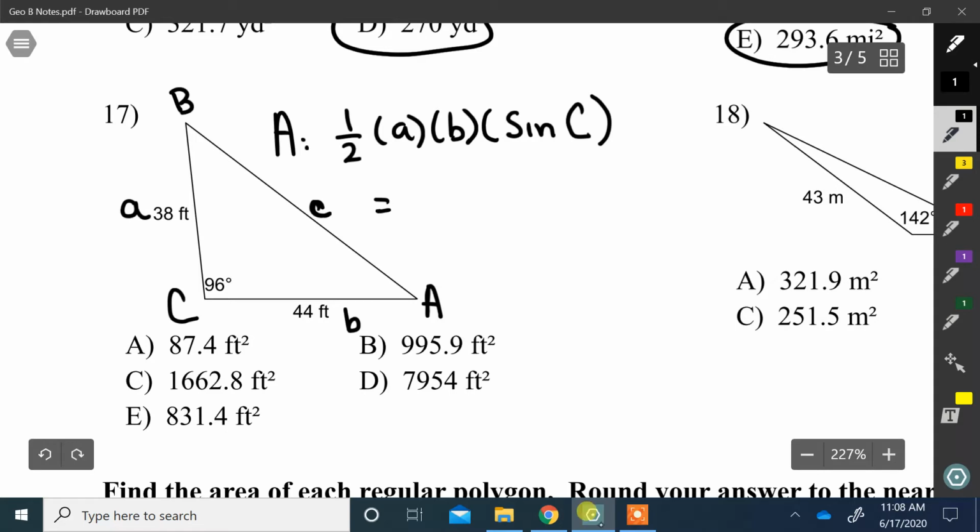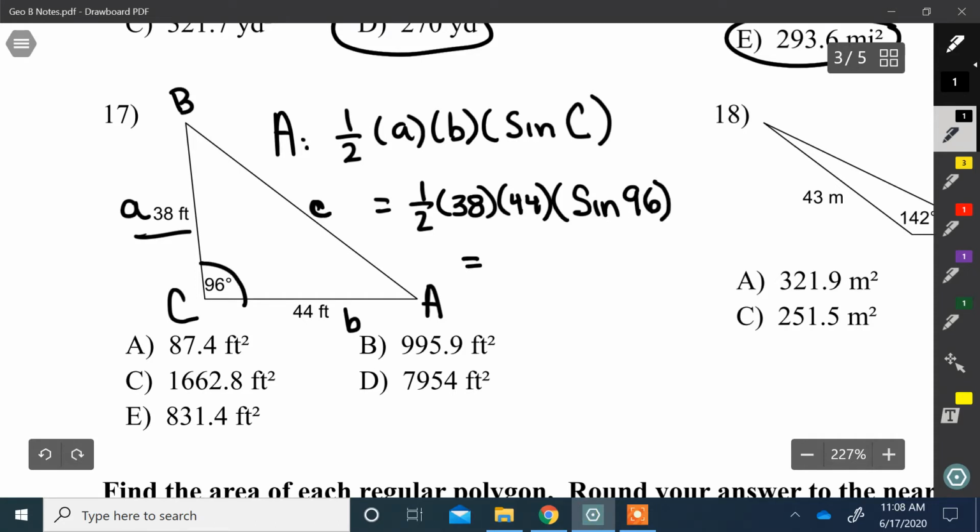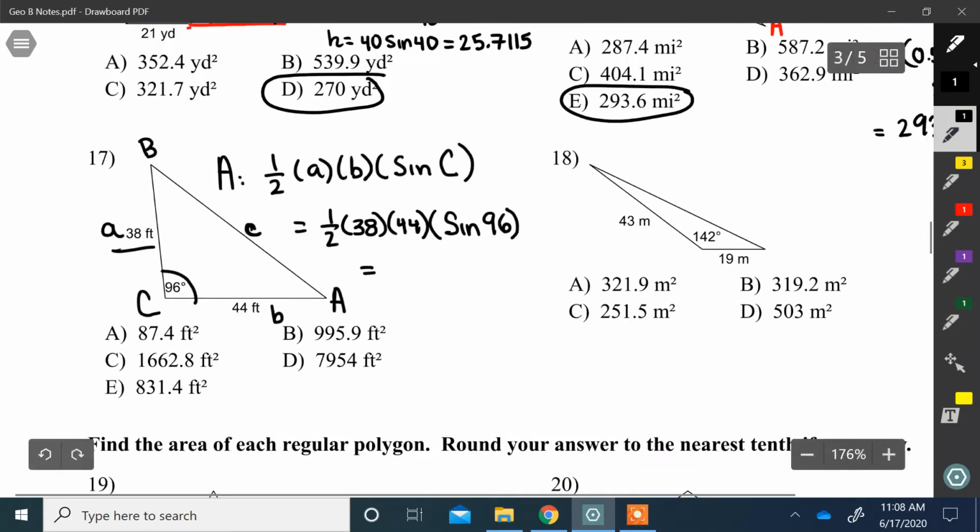So using the formula, A in this case will be 38, B will be 44, and C will be sine of 96. You plug all that into the calculator, that should give you an answer.